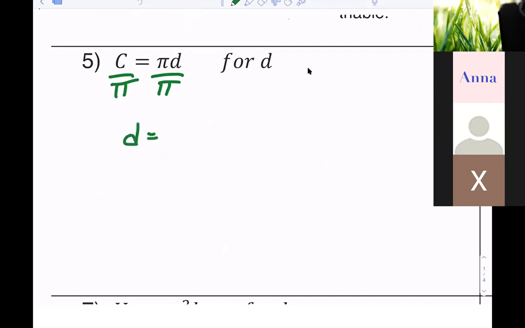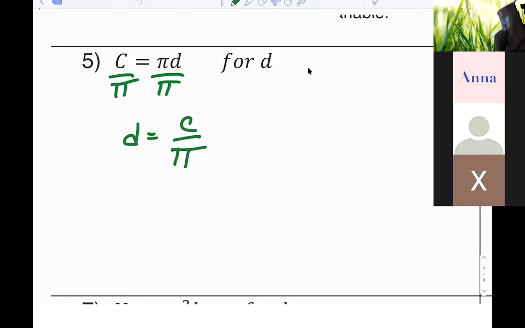D equals C divided by pi. Now let me say that again. If all you did was write down what I just wrote without thinking about it, you're just wrong. It's not helping.